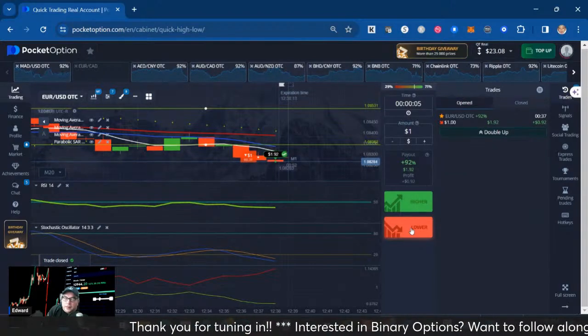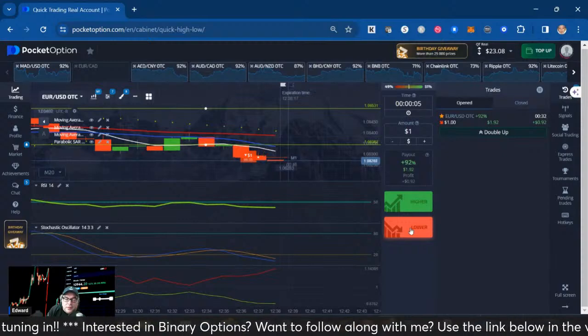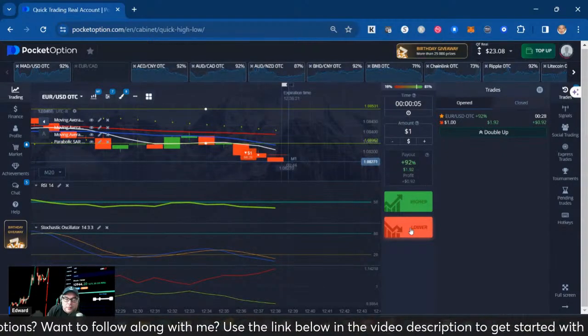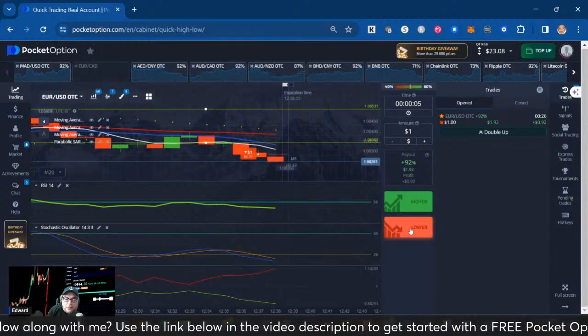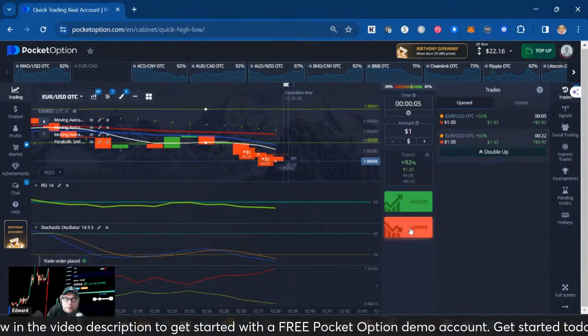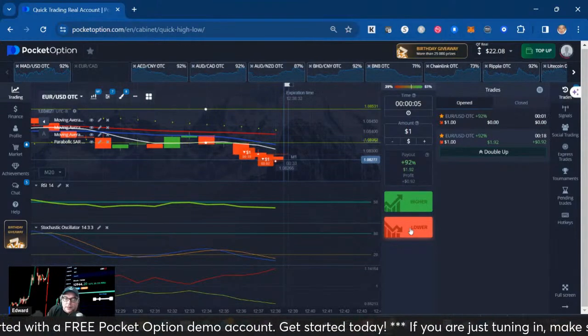All right. That was another one for $1.92. It bounced. Oh, I just missed an opportunity there for 5 seconds. Bounce. 4, 3, 2, 1. Nope.